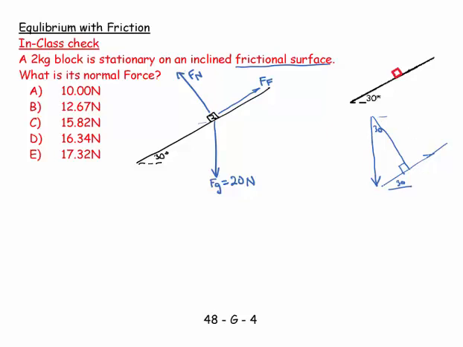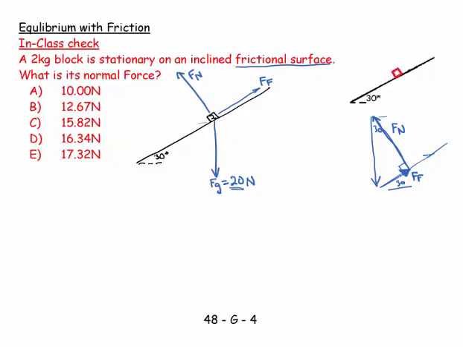I can then say, well, that is the length of my Ff, and that is the length of my Fn, and I can use the scale. If I had 5 newtons for every centimeter, so that this was 4 newtons long, I'd measure how long this was, and I'd work it out.